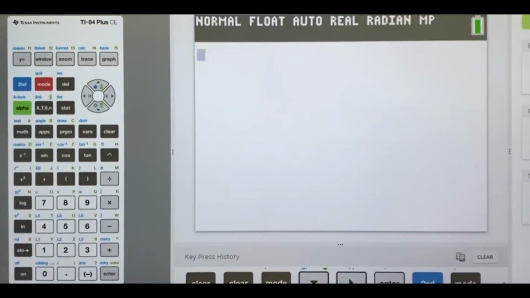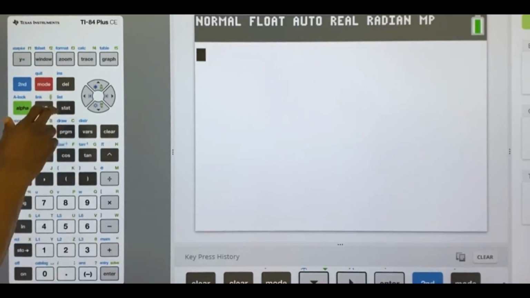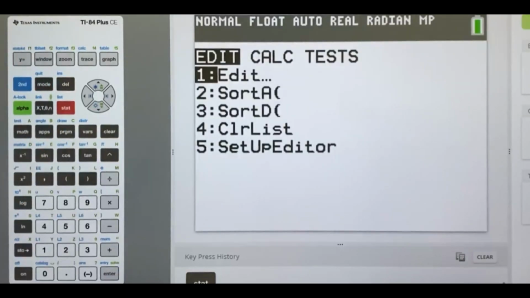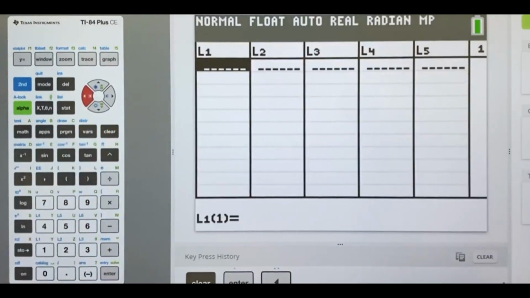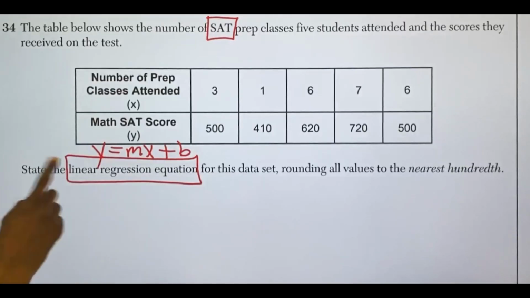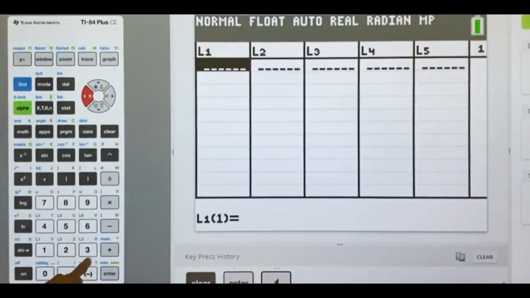Now, let's get out of here. Pressing second mode. And now we're going to go to stat. There you go. Edit. So where does all the X values go? L1. 3, 1, 6, 7, 6. All right.